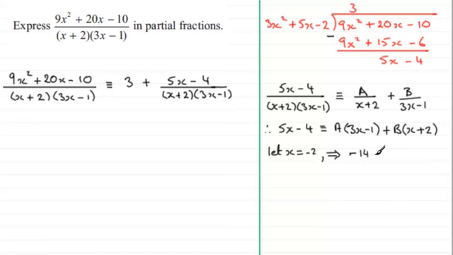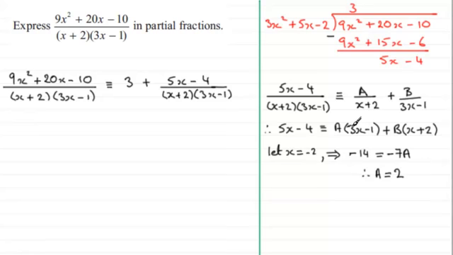And that's going to be equal to, well, put minus 2 into here. 3 times minus 2 is minus 6. Minus another 1 is minus 7. Minus 7 times a is going to give us minus 7a. When we put x is minus 2 here, though, it's going to be 0. So all of that is 0. And you can see if we divide both sides now by minus 7, a is going to be equal to 2. So that's our first value, a equals 2.